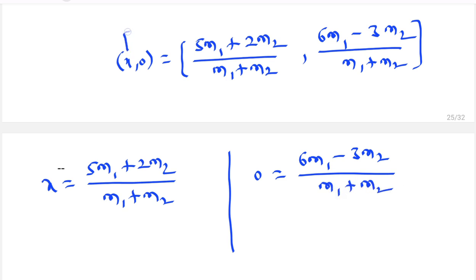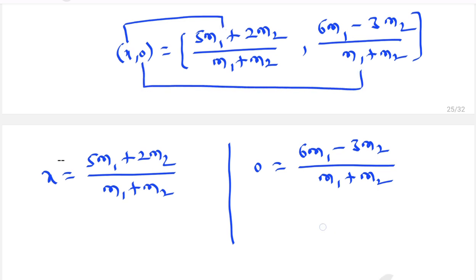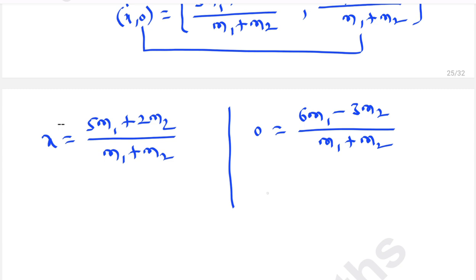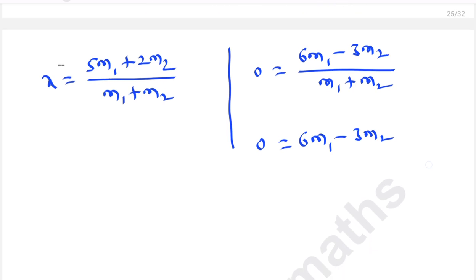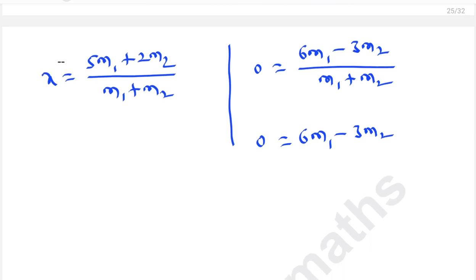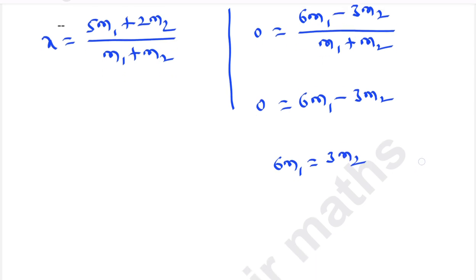So we are equating the x coordinate and also the y coordinate. On transposing, 0 into something will be equal to 0. Therefore 6m1 minus 3m2 equals 0. I want m1 is to m2, so I'm transposing. 6m1 equals 3m2.